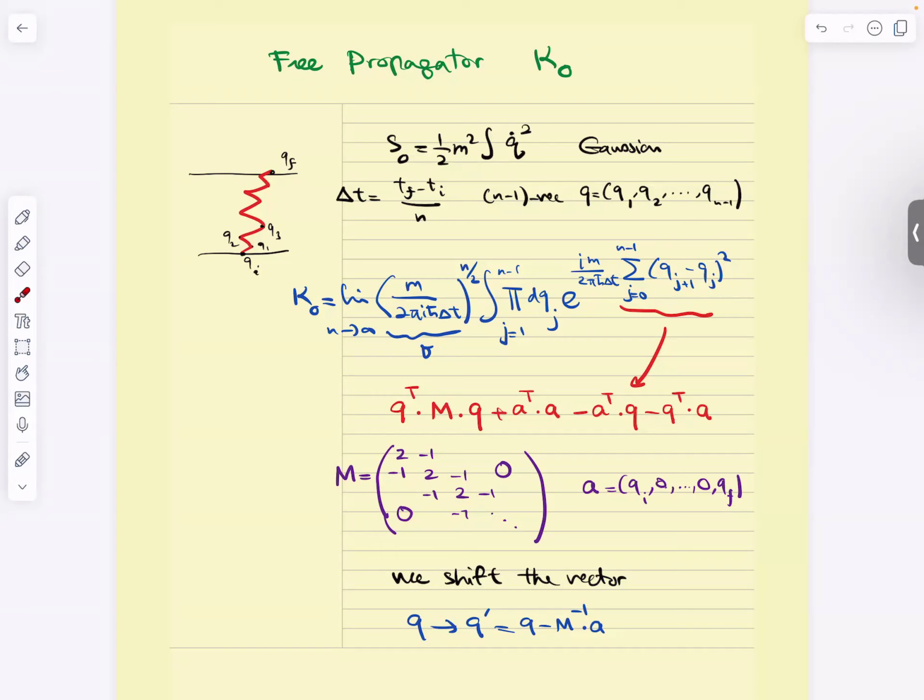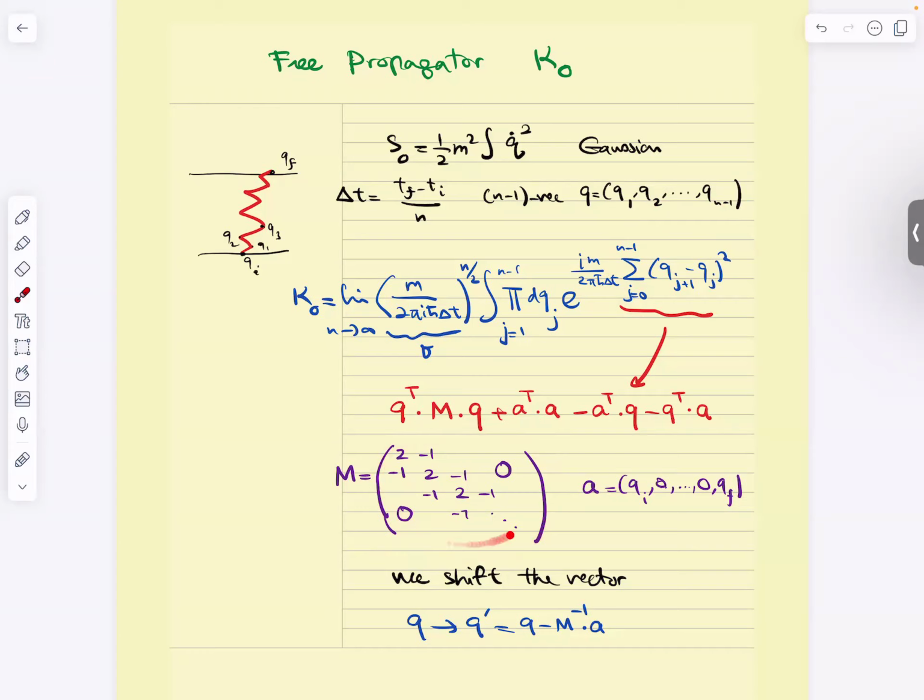Okay. Everybody's with me? It's all good? How do we do this? Well, look at this expression. Think of q as a vector, an n-1 vector. Then I can expand this and think of it as q transpose dot M dot q, this is M, plus A transpose A minus, well, this is actually the most general thing you could write down.